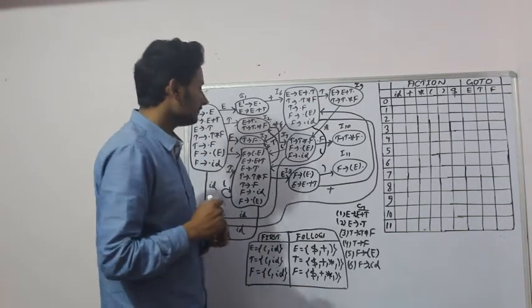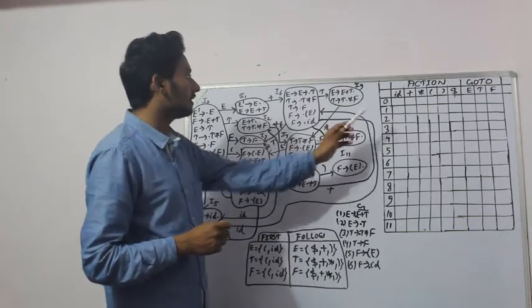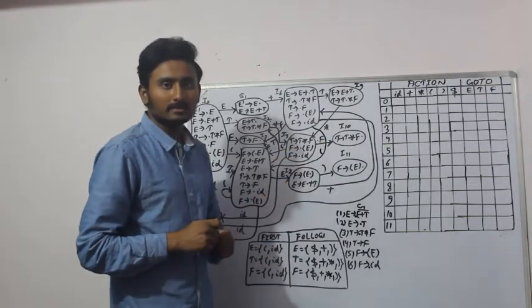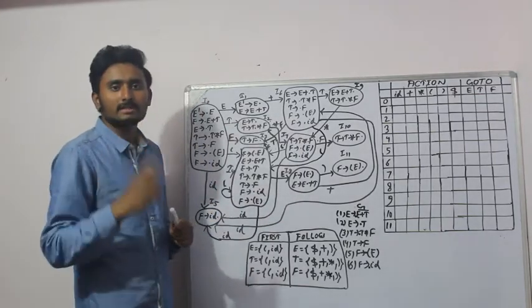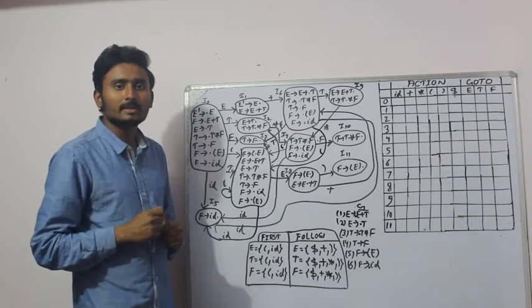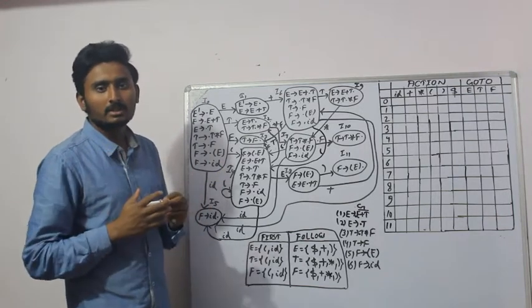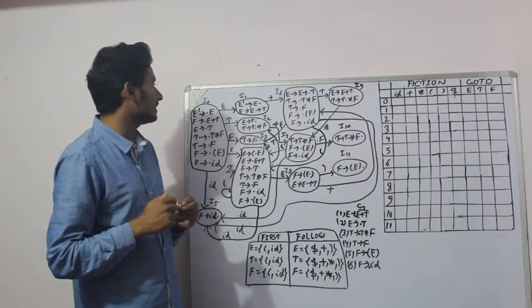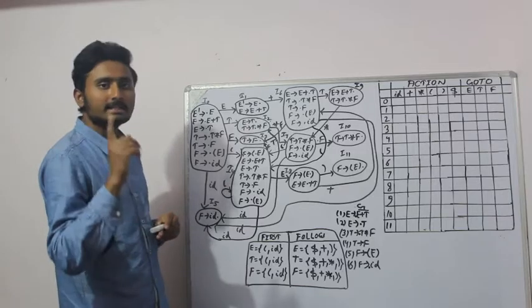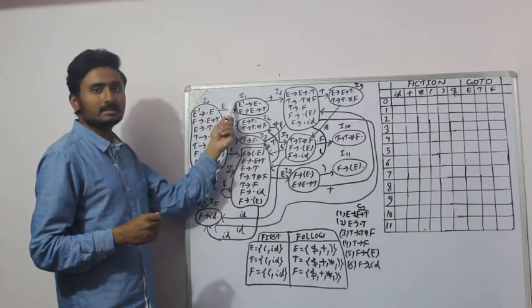Now after finding the follow, we are going to construct the parse table. We have mainly two important operations: the first is the shift operation and the second is the reduce operation. One more important operation is the accept operation, which is always present in the first transition.